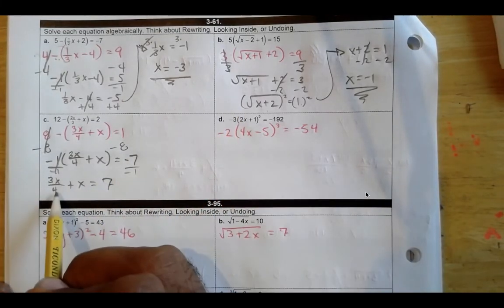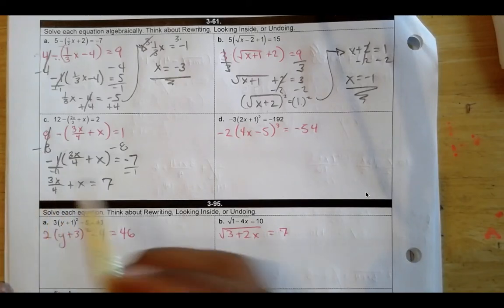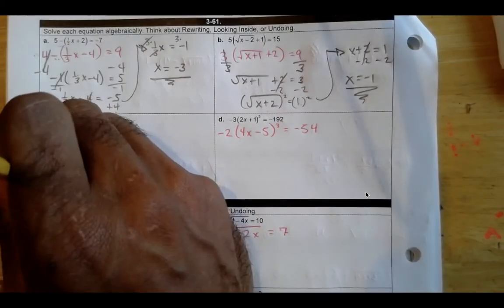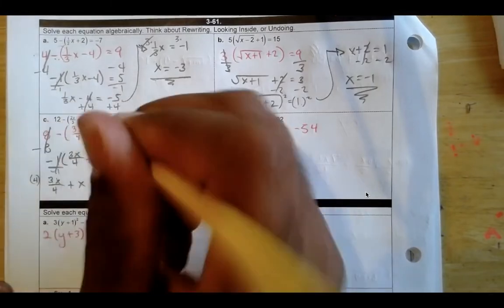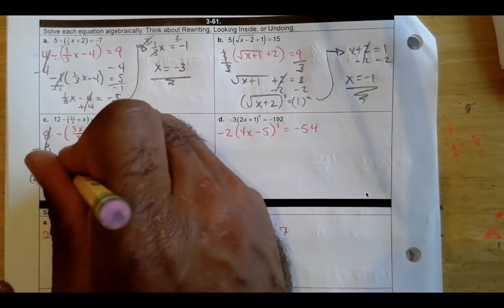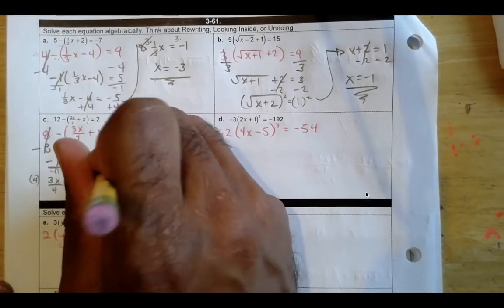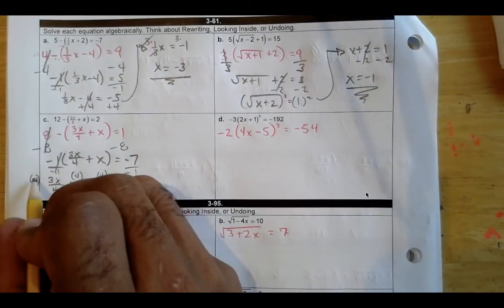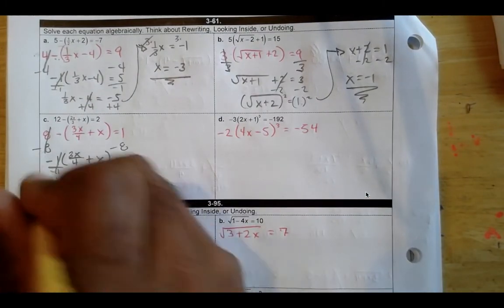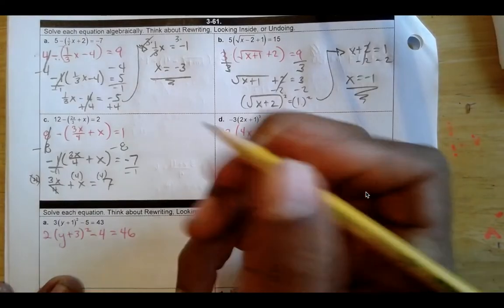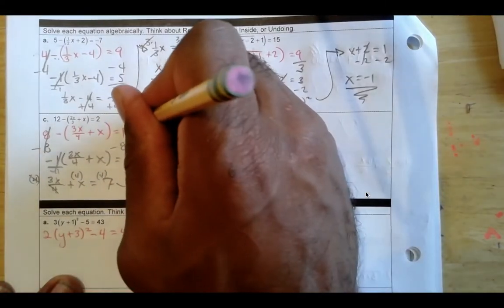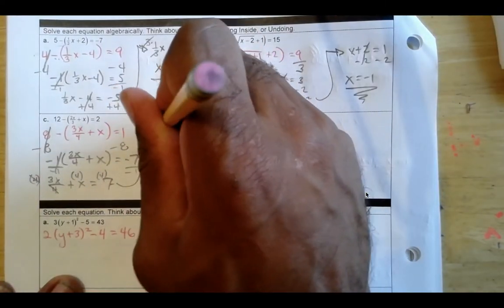Okay, so now, again, I've got a fraction. So remember, when you've got a fraction in your problem, you want to multiply. So I'll multiply that denominator to every term. Remember, when you multiply a number that's the same as the denominator, they just cancel. So really, we just end up with 3x.